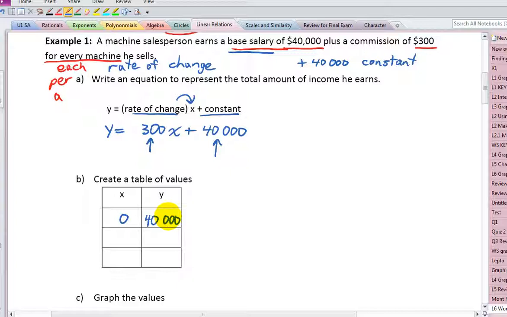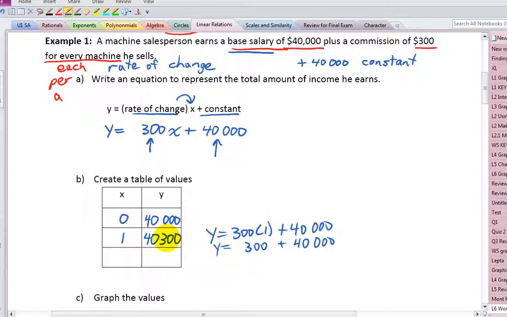What would be some other good numbers to choose for x? Well, x is 1. He sells 1 machine. How much will he get paid then? Well, we get y equals 300 times 1 plus 40,000. Okay. So y equals 300 plus 40,000. Easy math. y equals 40,300.